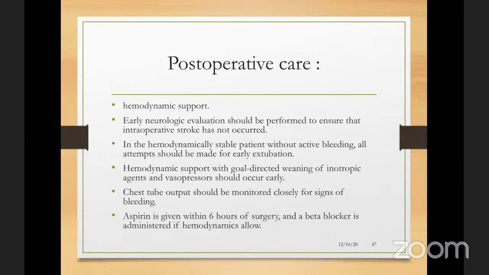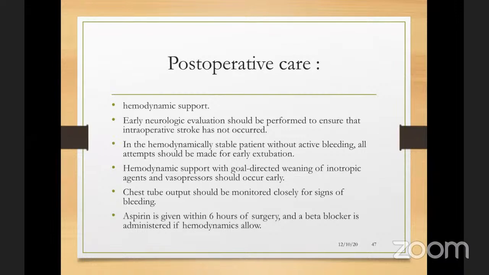In the hemodynamically stable patient without active bleeding, all attempts should be made for early extubation, and a goal-directed weaning of inotropic agents and vasopressors should be carried out early. Chest tube output should be monitored closely for any signs of bleeding.